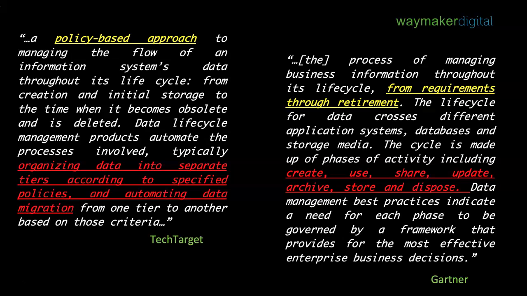But in simple terms, data lifecycle management is the process, policies and procedures of managing business data within an organization throughout its life, from creation through retirement. It is not a specific product, but a comprehensive approach to managing an organization's data. It operates according to a policy-based system that manages the flow of information throughout its useful life across different applications, systems, databases, and even storage media.